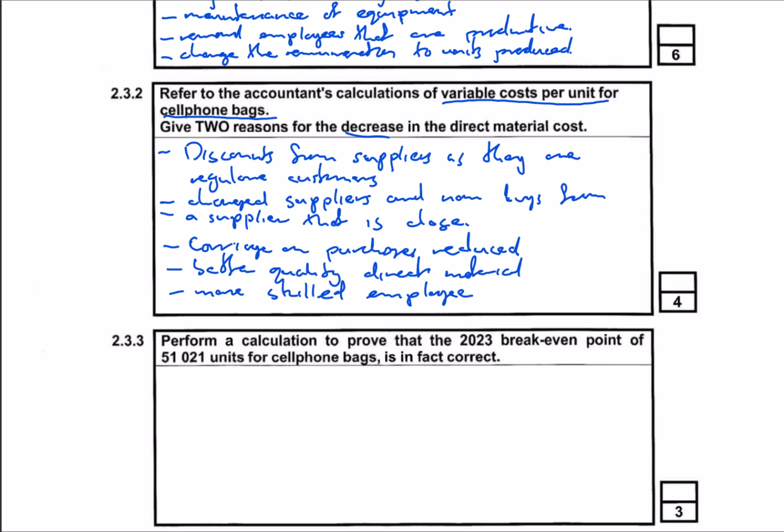Right. So break-even point, that will be total fixed cost divided by contribution.